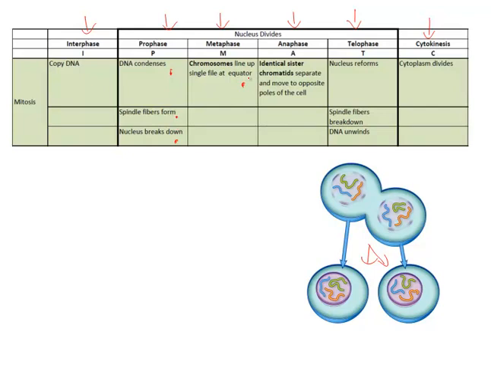We line up our DNA at the middle, and we separate those identical sisters, and then we reverse everything we did in prophase, so we reform the nucleus, we get rid of those spindle fibers, and we let the DNA relax.